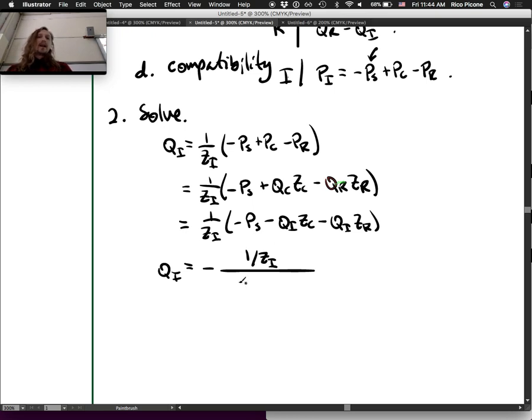Important to remember that when they came over this way, they picked up a ZI. Maybe it would be better to think of having moved the ZI over, brought these guys over, and then factored out QI. I think that's a little easier. So then we're left with just negative 1 here.